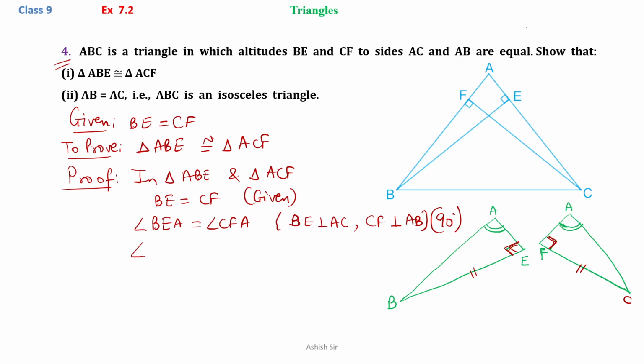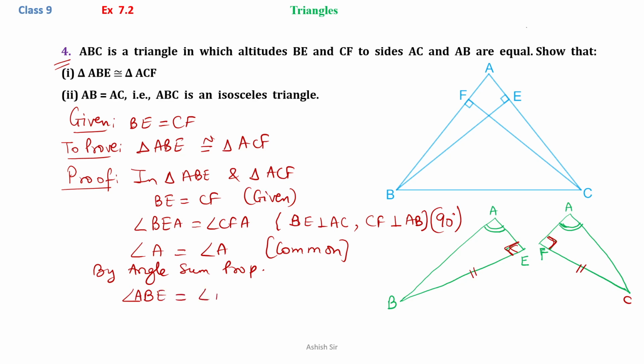Now we know that angle A will be equal to angle A, as it's completely common between the two triangles. Now we can write by angle sum property, if two angles are equal, it is obvious that the third angle will also be equal. That is, angle ABE is equal to angle ACF.